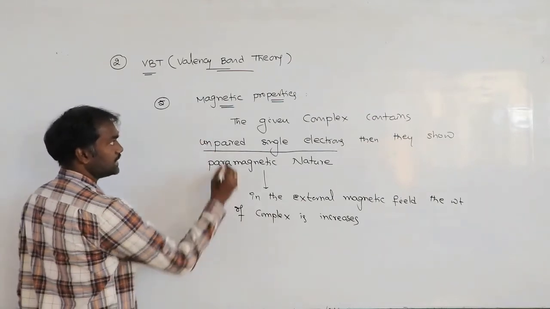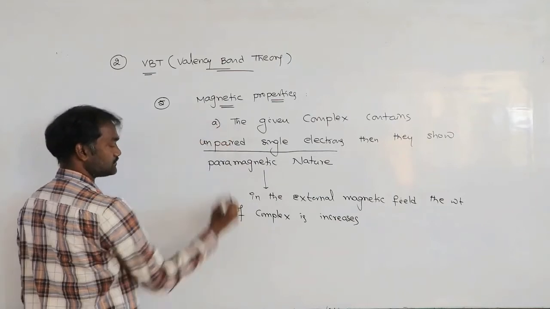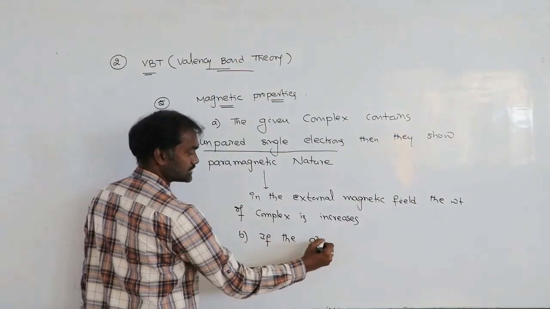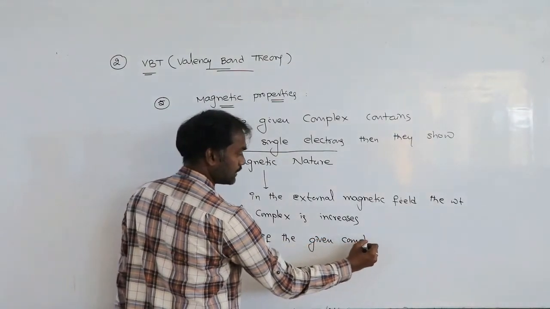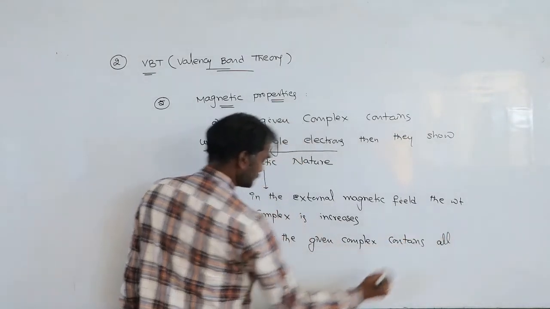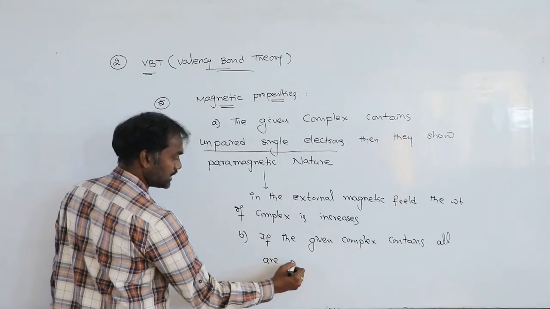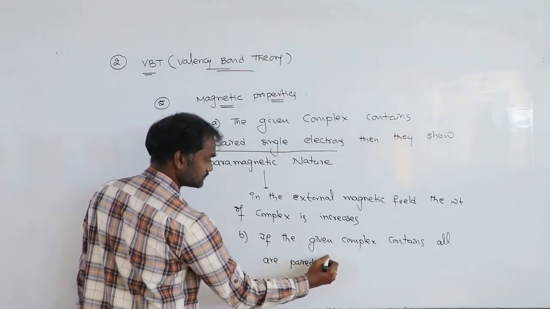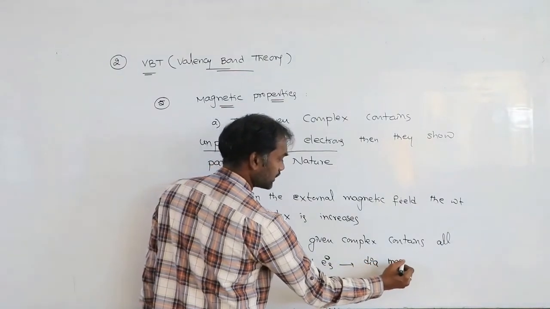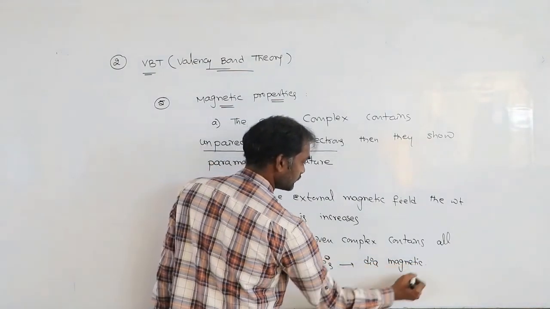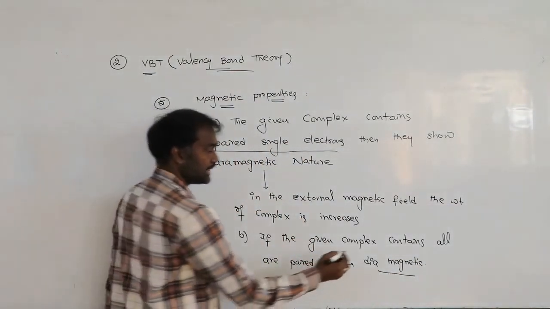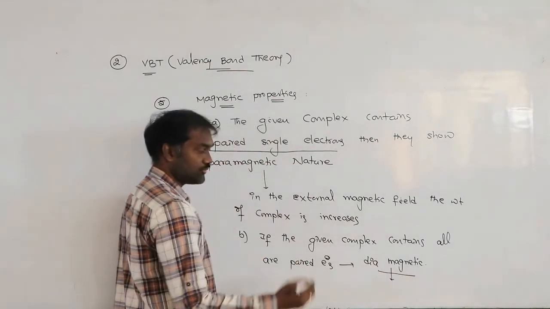Suppose the given complex contains all paired electrons, that shows the diamagnetic property. In a diamagnetic substance, in the external magnetic field the weight decreases.